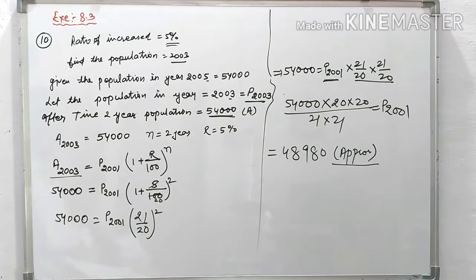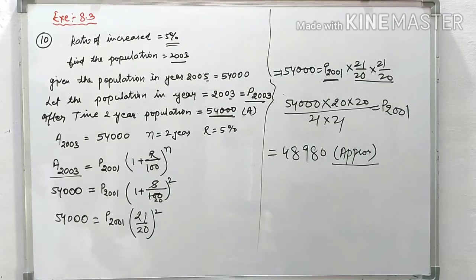The second part asks a question. The first part was to find the population of 2003, and the second question asks what would be the population of 2005.